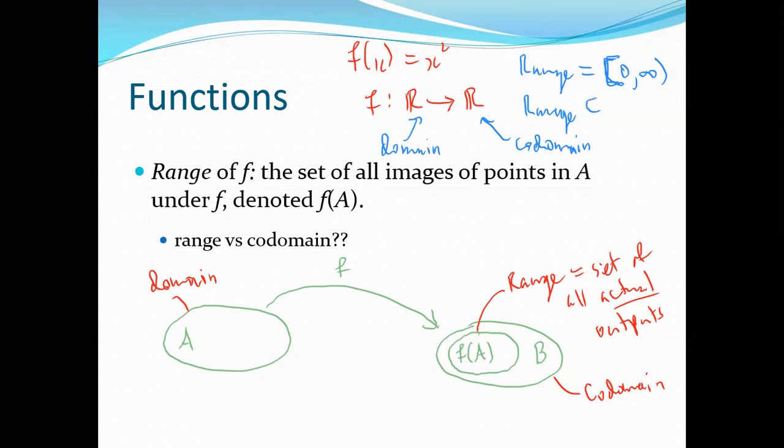So the range is a subset of the codomain. You can kind of see that down here in this picture, right? You see that F of A is, in Venn diagram form, sitting right inside of B, the codomain, yeah? Is this making sense? So the range happens to be a subset of the codomain.